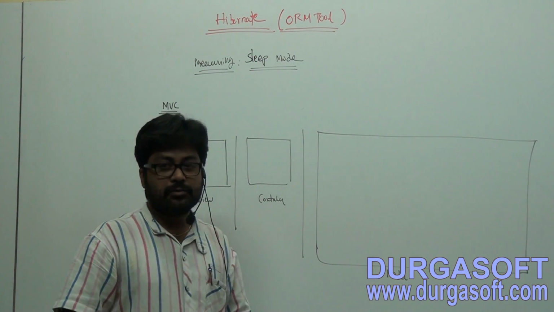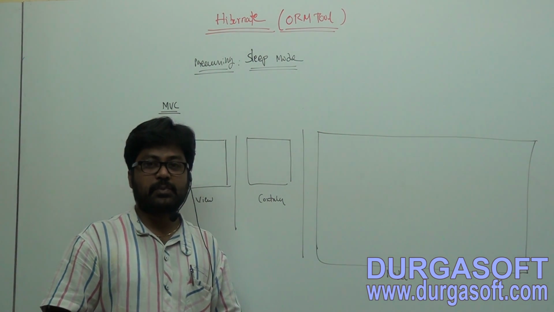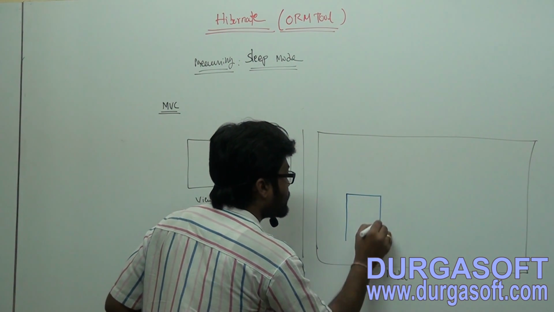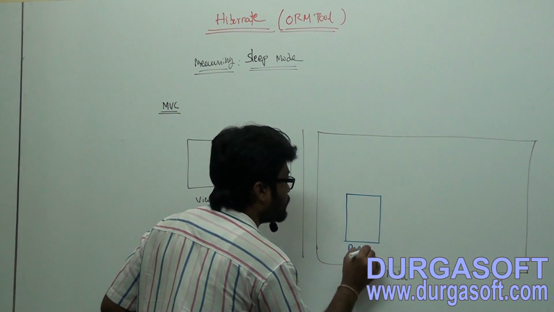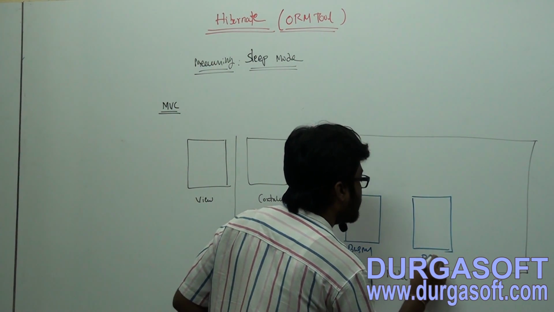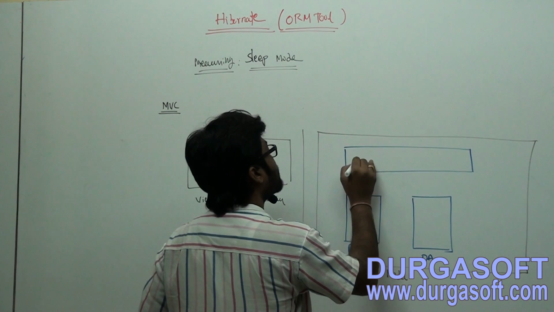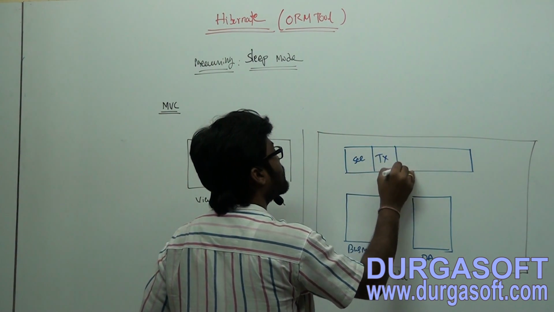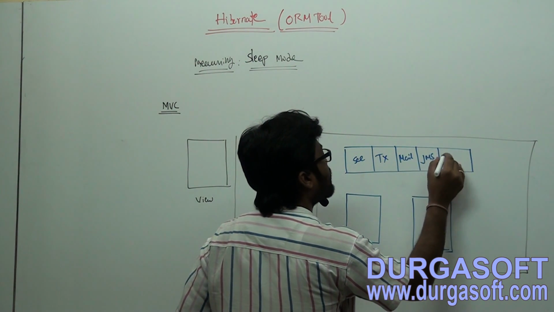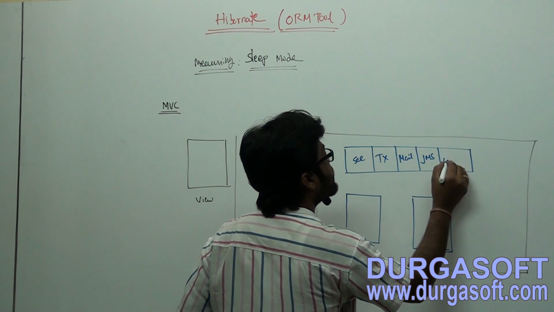The model part again divides into 3 sub-layers: service, business and data access part, DAOs. We can divide the model into 3 parts: the business part for business code, the DAO part for database, and extra services for our actual business: security, transactions, logging, mailing services, JMS, JNDI services, logger services.